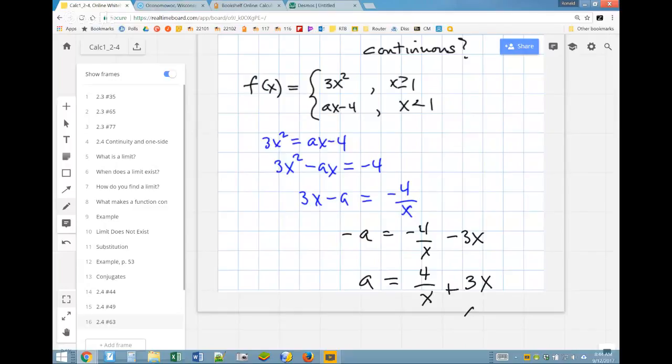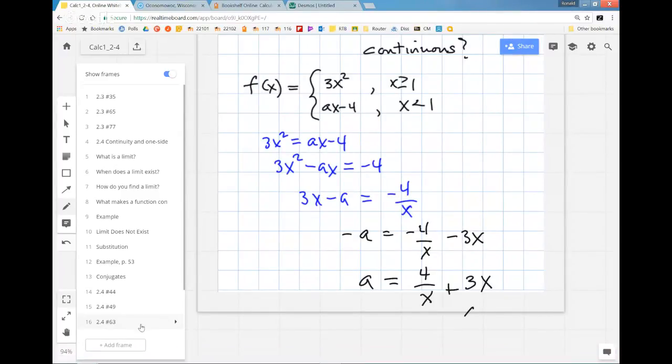And that's when a is equal to that value. So you'll see a problem like that, I believe.